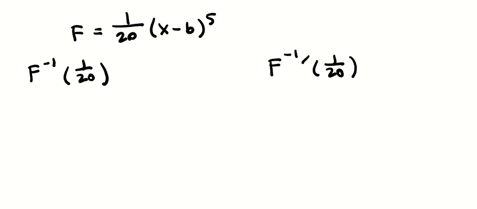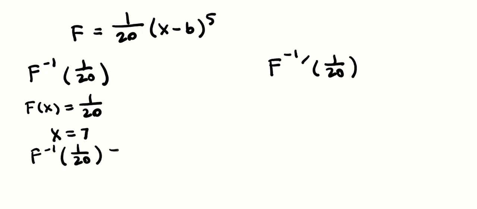I think your best shot at solving that is by just looking at the equation and trying to figure out, hey, what kind of x can I plug in to get 1/20th back for f? What kind of x would I need to plug in? I think 7. Yeah, because we would need to have 1 left over. So x equals 7, so f inverse of 1 over 20 equals 7.